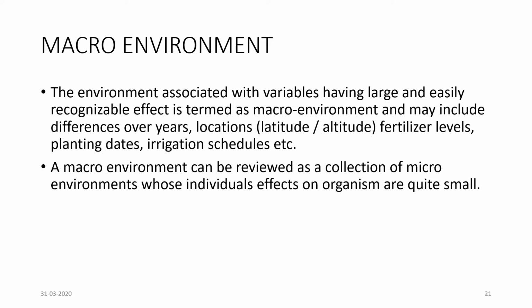Macroenvironment is associated with variables having large and easily recognizable effects, and may include differences over years, location or irrigation schedule, etc. Macroenvironment can be viewed as a collection of microenvironments whose individual effects on organisms are quite small.